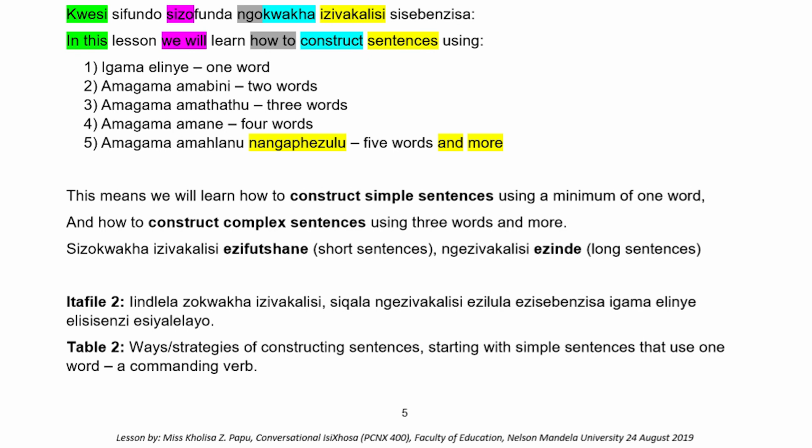Okokuqala, sizawufunda ukwakha isivakalisi sisebenzisa igama elinye. We will learn how to construct a sentence using only one word. Secondly, we will learn to construct a sentence using 2 words. Sizofunda ukwakha izivakalisi sisebenzisa amagama amabini.